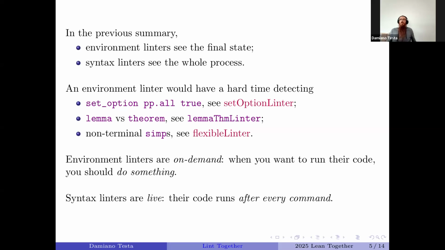So this is what I was saying. Environment linters just see the outcome of all of those computations, which was basically, I've done nothing, whereas syntax linters see the process as it unfolds, in some sense. Another example of something that an environment linter wouldn't see, but a syntax linter would: suppose at some point you wanted to see how your types looked in more detail, and you set the option pp.all, so the pretty printer should show you everything that it has.